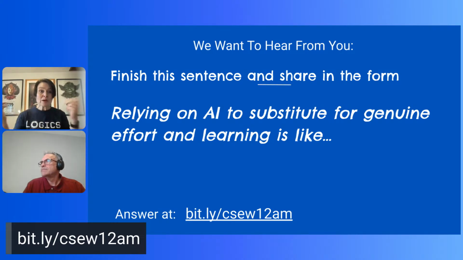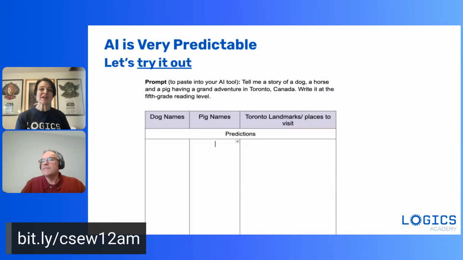And one other thing I would add is AI is also very predictable. So it's important that you do the work, that you gain the skills. We're in school to learn. And so it's important that we don't just let AI cheat us of our education.